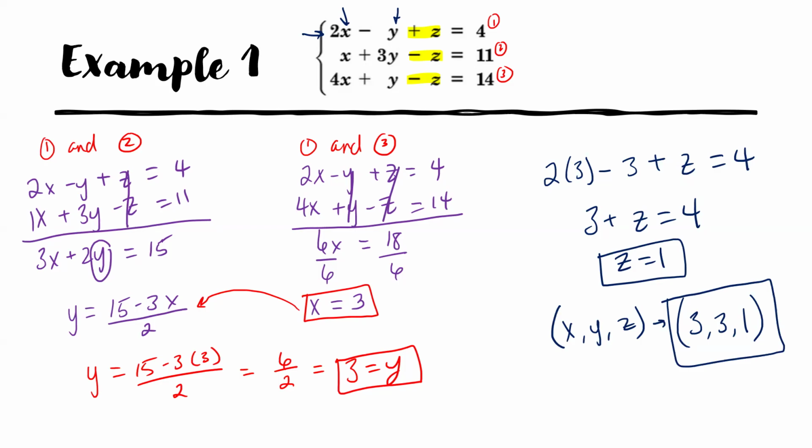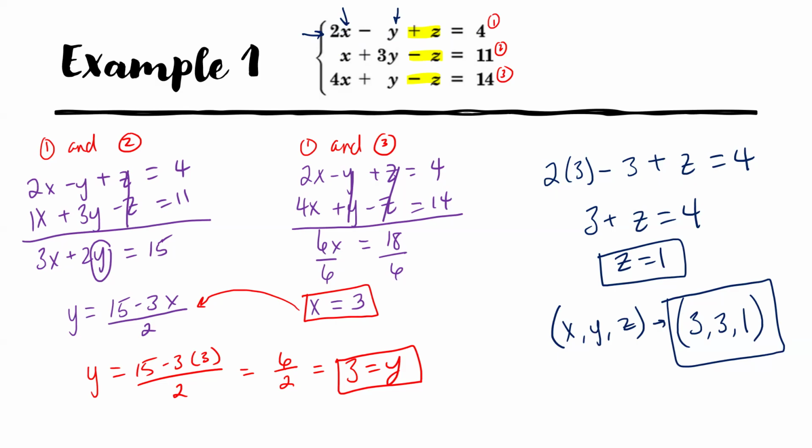So for example, in the first one, I would say, okay, I'm going to plug in x equals 3, y equals 3, z equals 1. 2 times 3 is 6 minus 3 is 3 plus 1 is 4. Oh my gosh, it works. Okay. And then I'm like, okay, I feel good about it. I think I got it. I did it. Oh yeah.